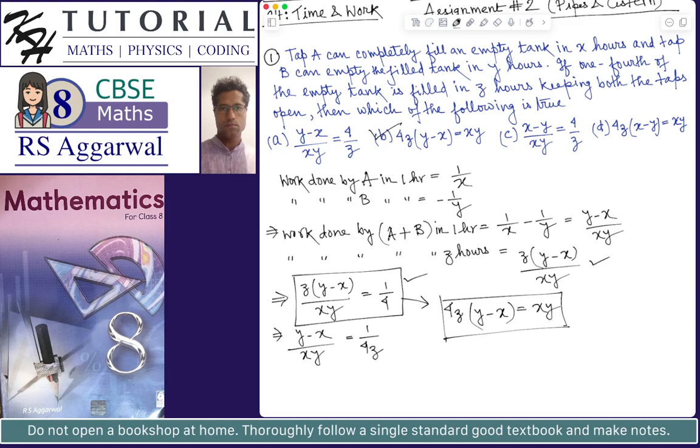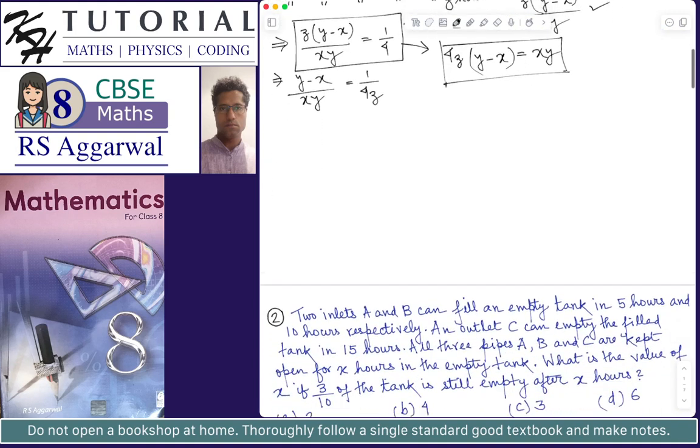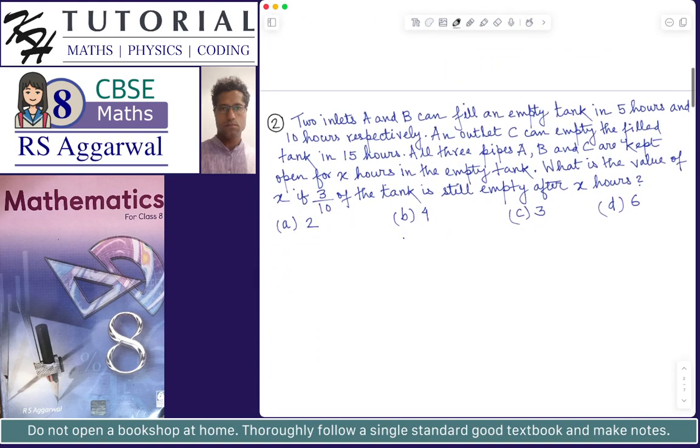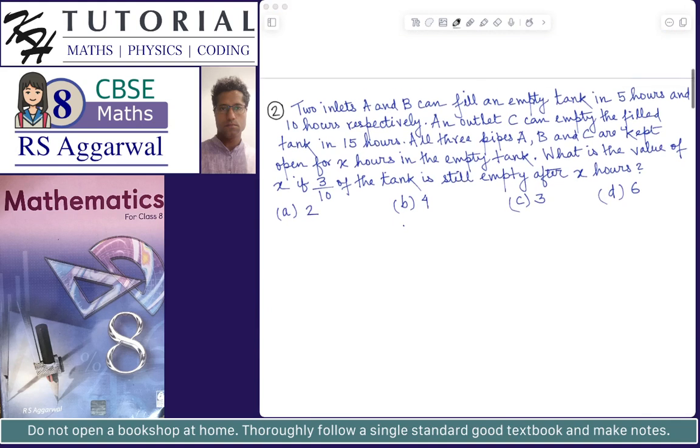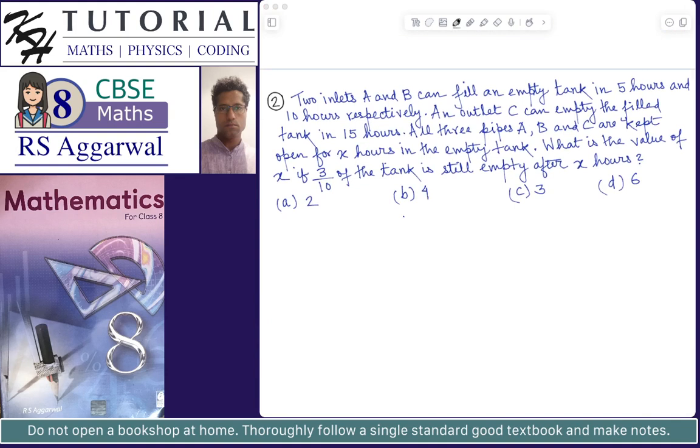Okay, let's do the next problem. Two inlets A and B can fill an empty tank in 5 hours and 10 hours respectively. So both are inlets. And outlet C can empty the filled tank in 15 hours.